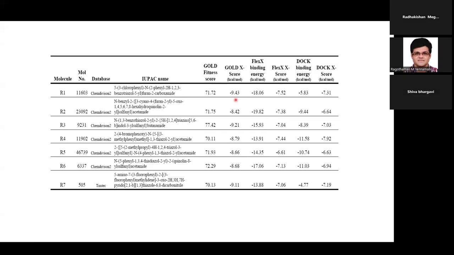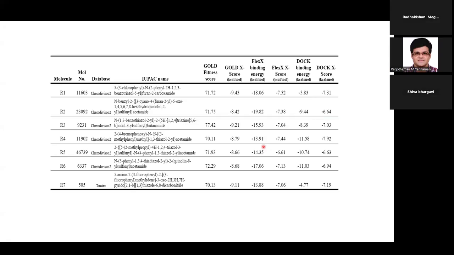The way we can do it is you can use an independent scoring function to recalculate the binding energy. So that is what we use, which is called Xscore. And it also gives us values in kilocalorie per mole. And the kilocalorie per mole here, you can see immediately it is comparable. Here it is minus 9, minus 7, minus 7, minus 8, minus 7, minus 6, minus 9, minus 7, minus 6, and so on.